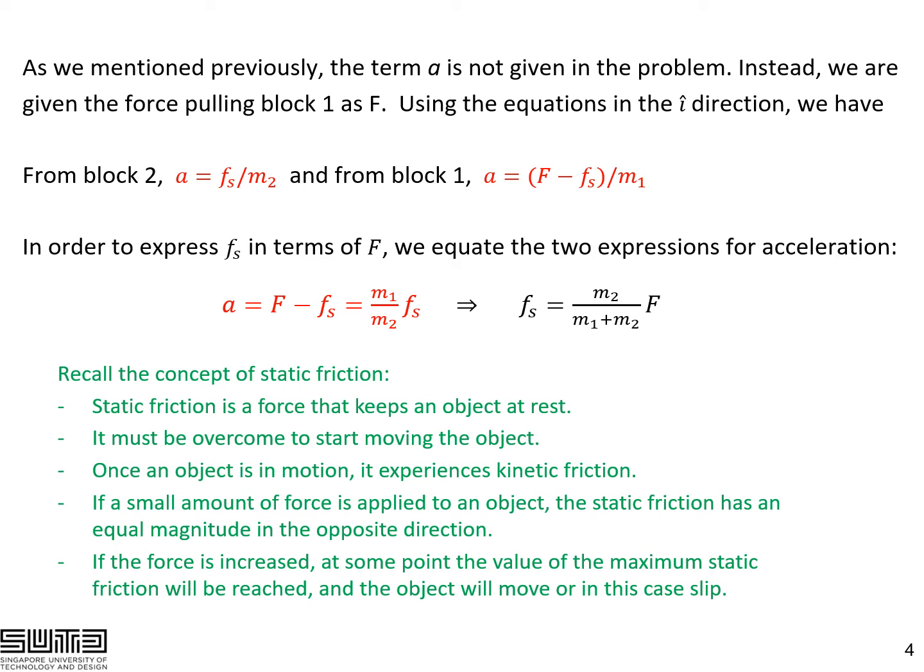If a small amount of force is applied to an object, the static friction has an equal magnitude in the opposite direction. If the force is increased, then the maximum static friction will be reached, and above this value, the object will move, or in this instance, slip.